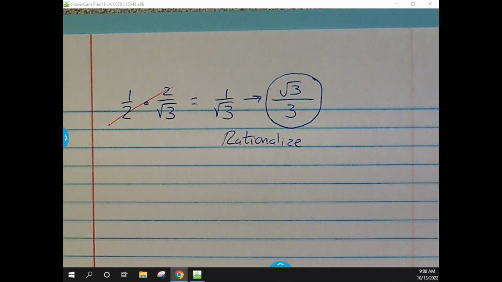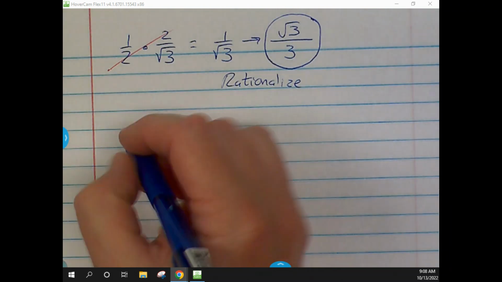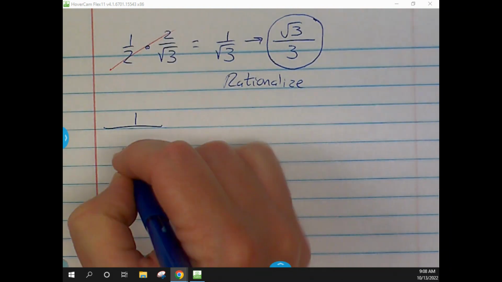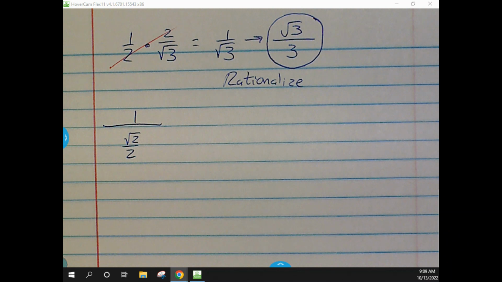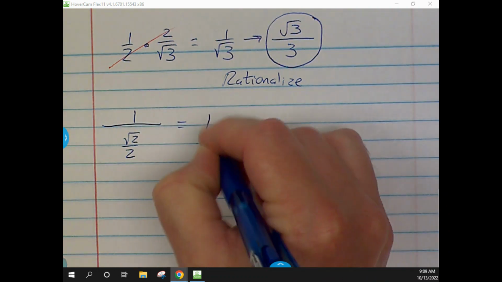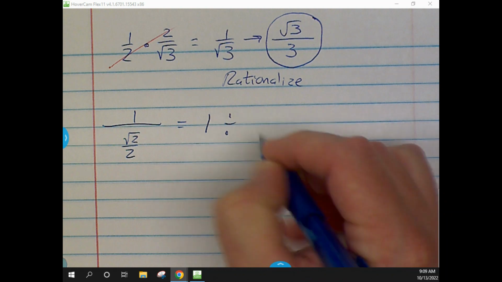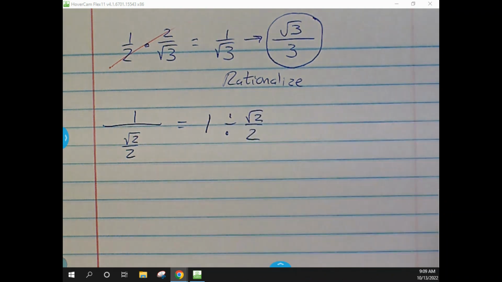All right, so let me give you one more of those. Let's say you got 1 over square root of 2 over 2. Again, if we rewrite it, that's 1 divided by square root of 2 over 2.